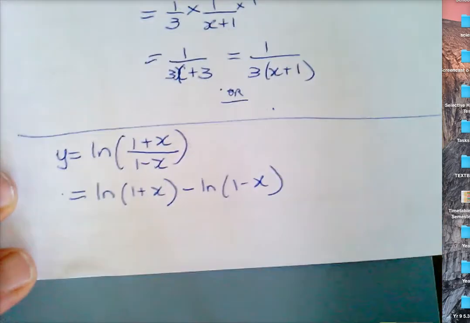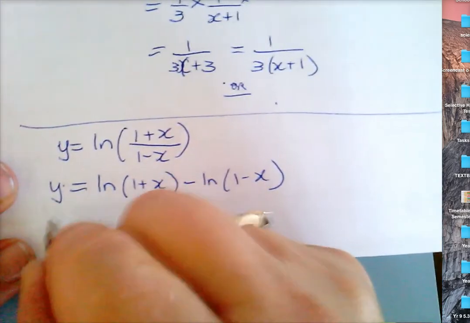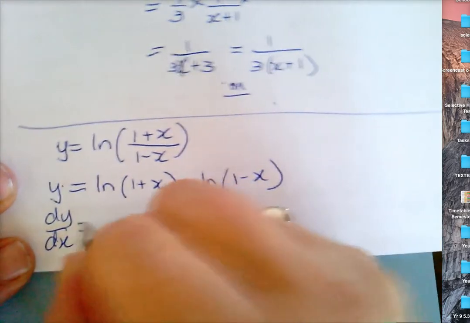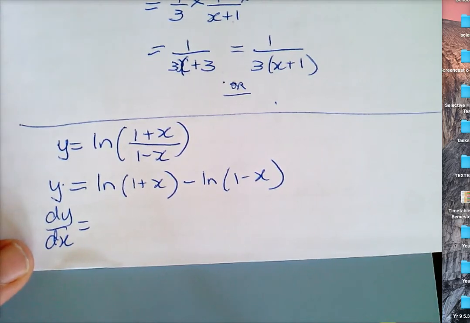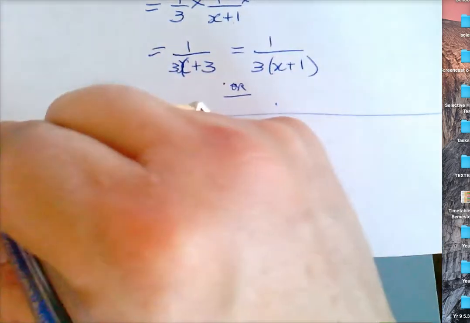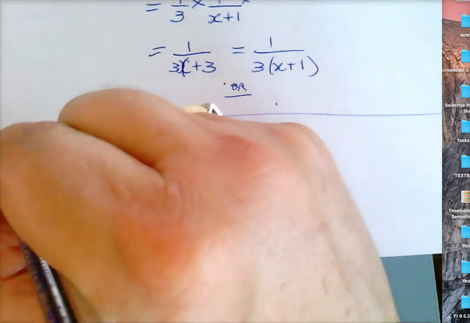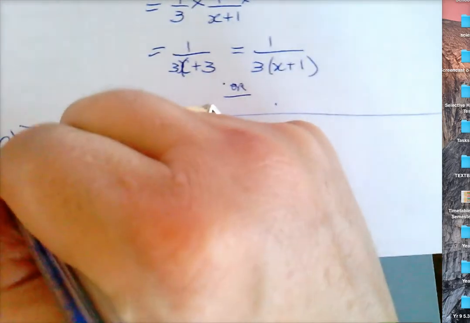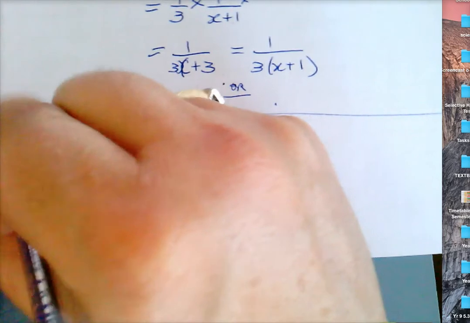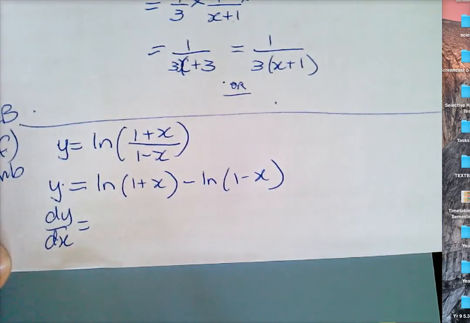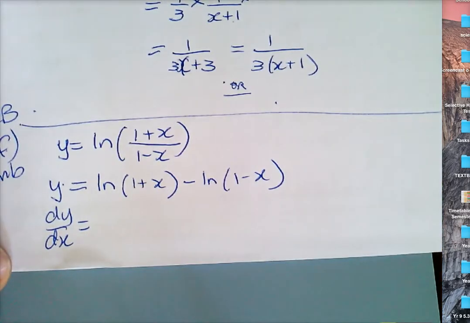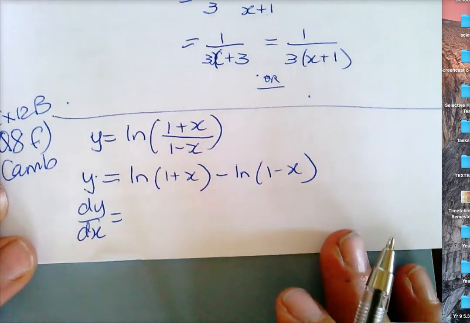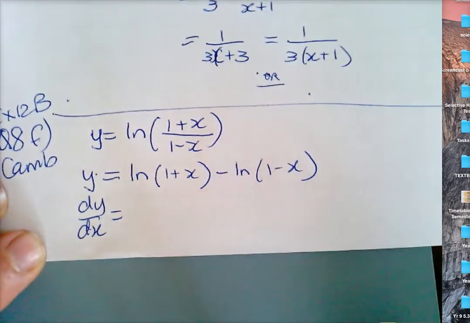And then you differentiate, but be very, very careful. We did one of these before. These are log to the base e. This is Cambridge question 8, F in Cambridge Exercise 12b. The other one was question 8g. These are just from Cambridge. 1 plus x over 1 minus x.